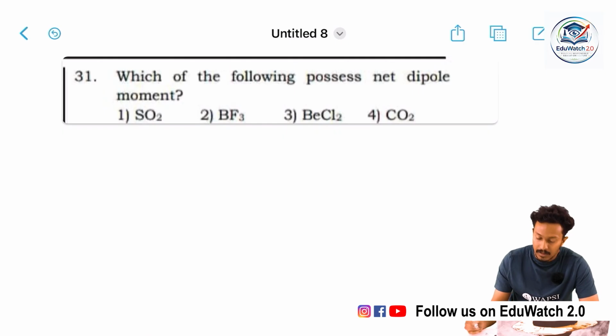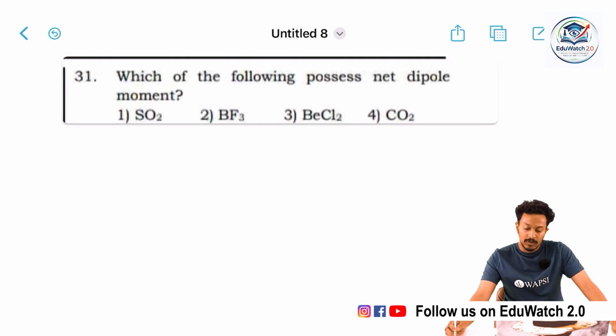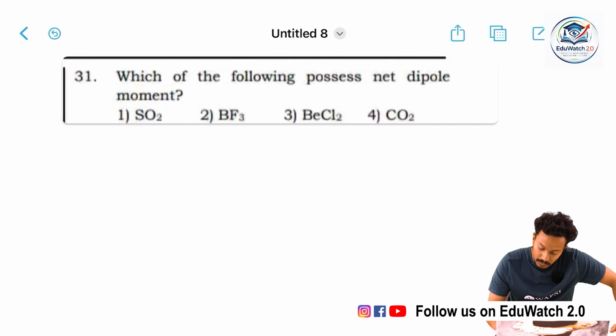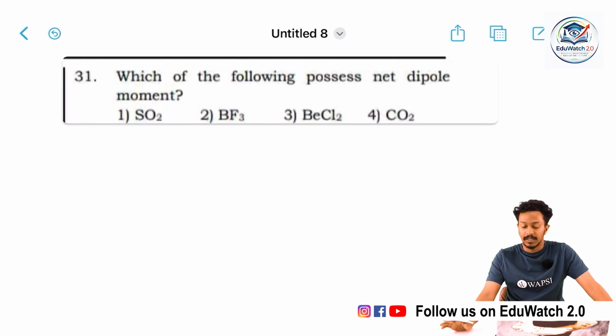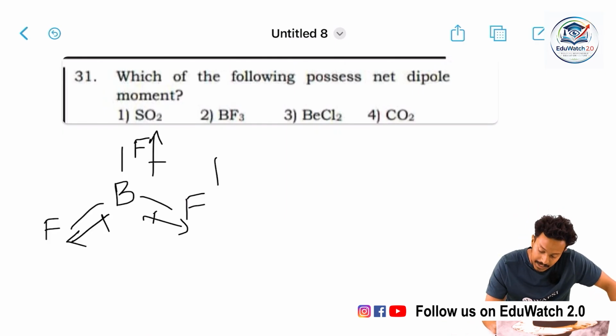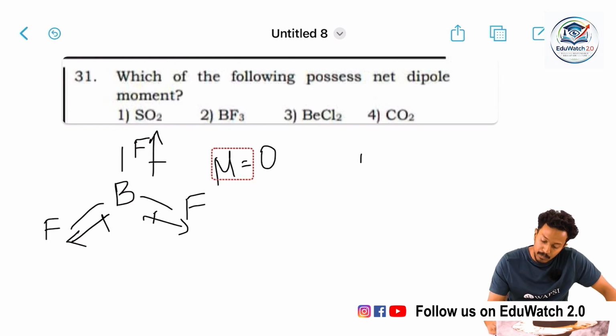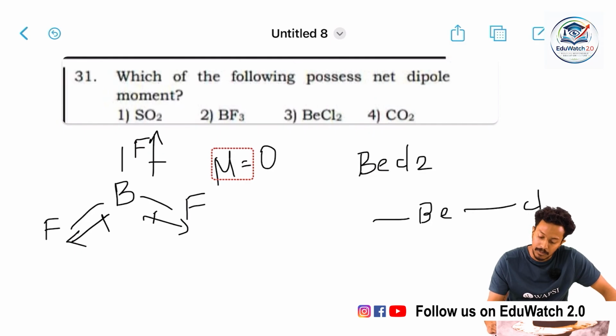Here, the dipole moments cancel out on the 3 sides of the fluorine atoms. Fluorine attracts the bond on the 3 sides, so the net dipole moment cancels out. In the same way in beryllium chloride also the net dipole moment is 0, like this one.